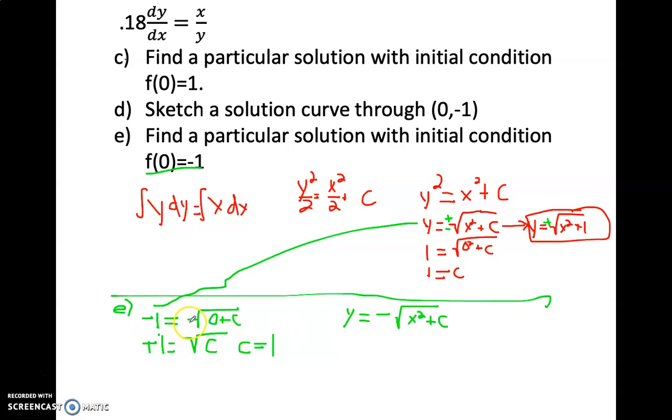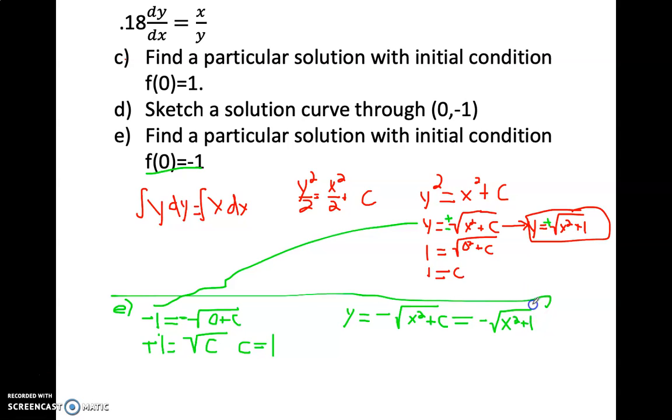I have negative 1 equals, so if I put the negative here like it should have been, you're going to find it's not going to change anything. You're still going to get a positive 1 here. You're going to square both sides, and you're going to get a positive 1 because we're going to divide by negative 1. Negative 1 divided by negative 1 is positive 1. And then when we square both sides, we get 1 equals c. So we're still going to get a c value of 1, but our answer is going to be negative square root of x squared plus 1. And I'll try to explain that.